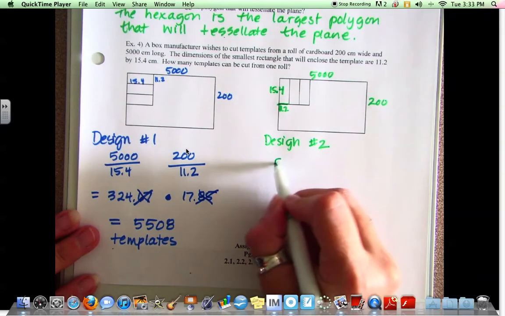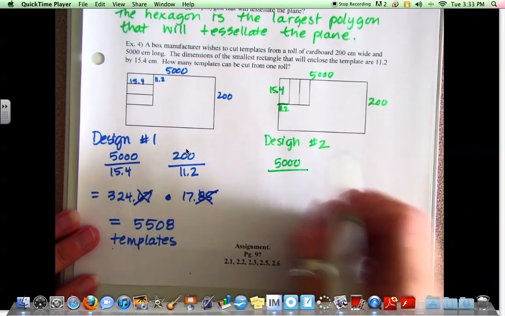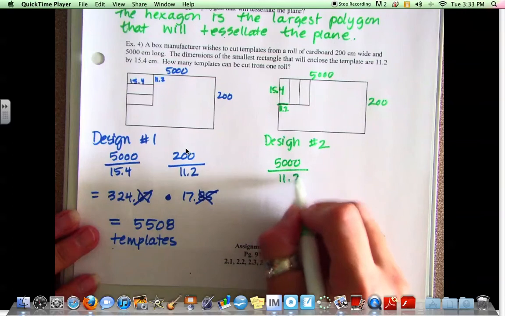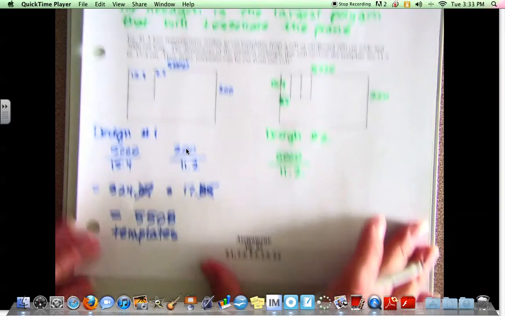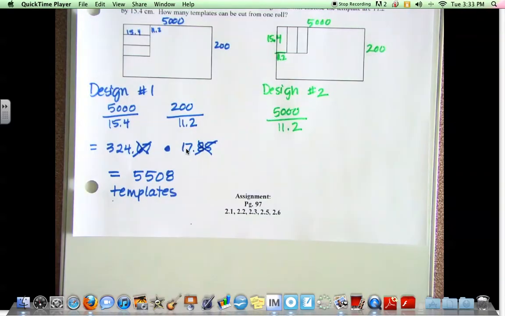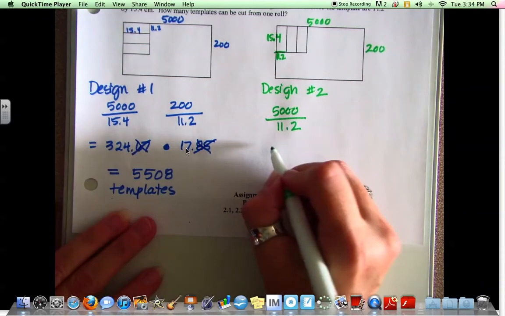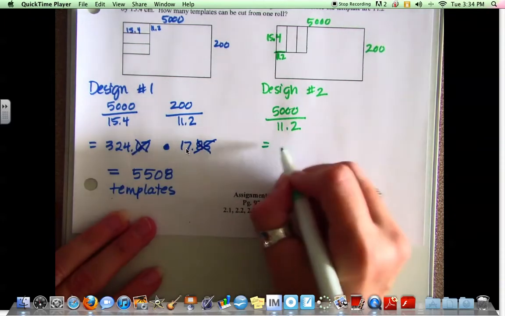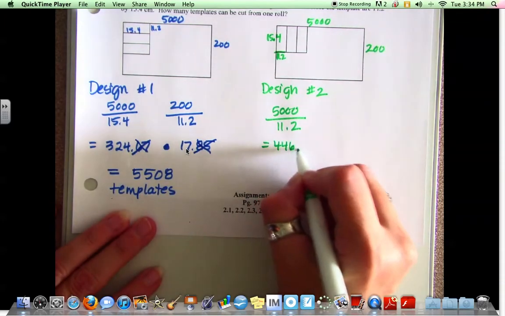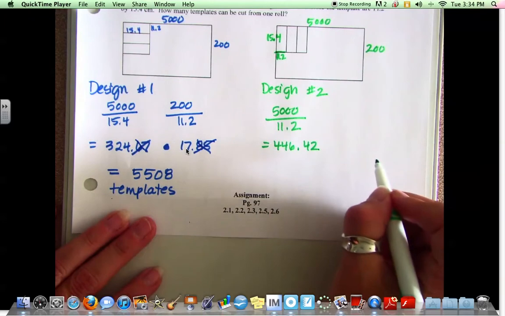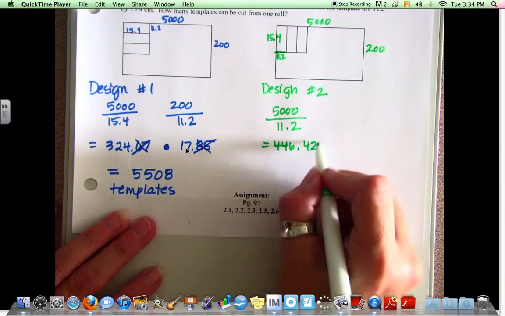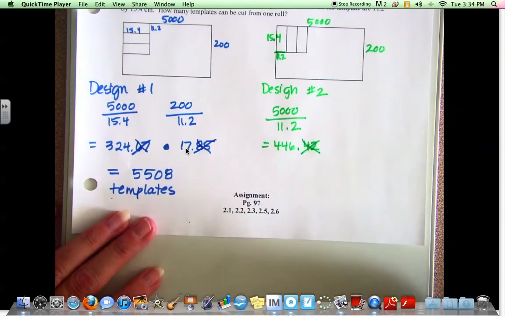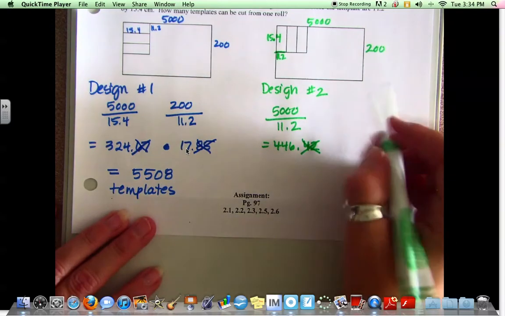So we take the 5,000 and divide it by 11.2. So 5,000 divided by 11.2 gives us 446.42. We only want the whole templates, so we'll drop the partial ones. And now we need to check the width.